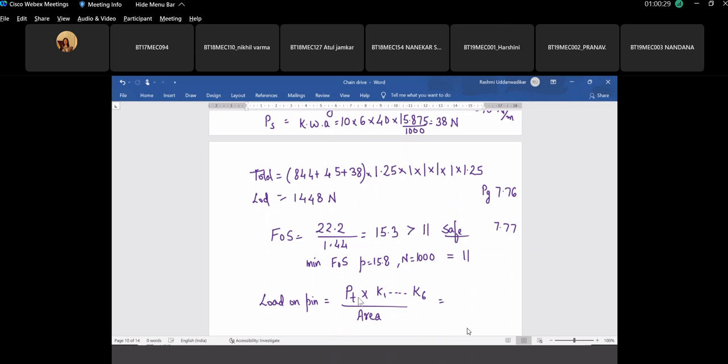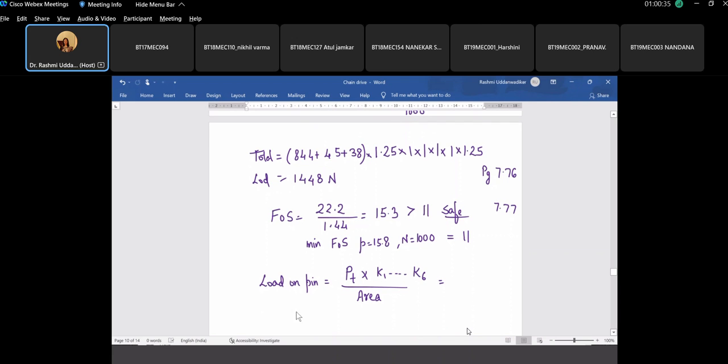We also have the value of allowable bearing stress given in the data book. So this is the load on the pin upon the bearing area, which is giving us the bearing stress on the pin.